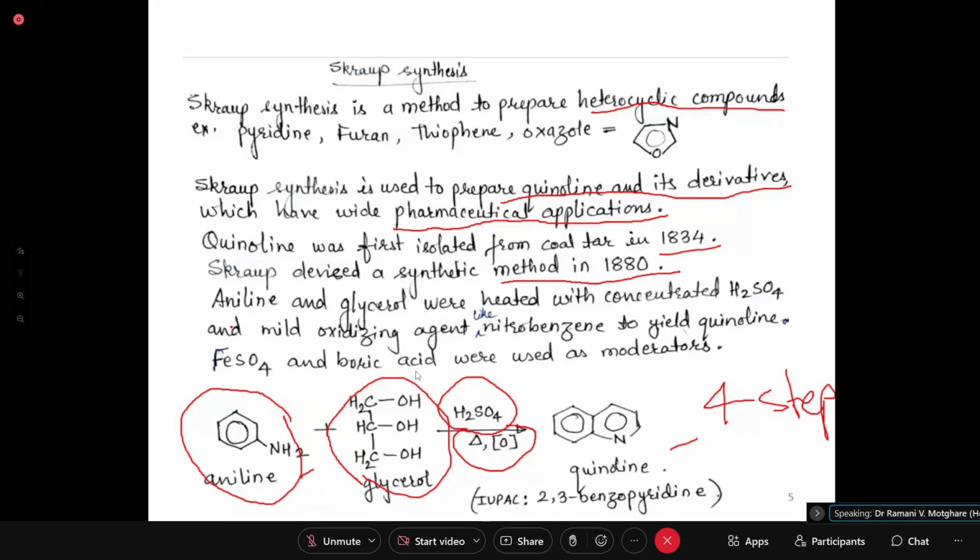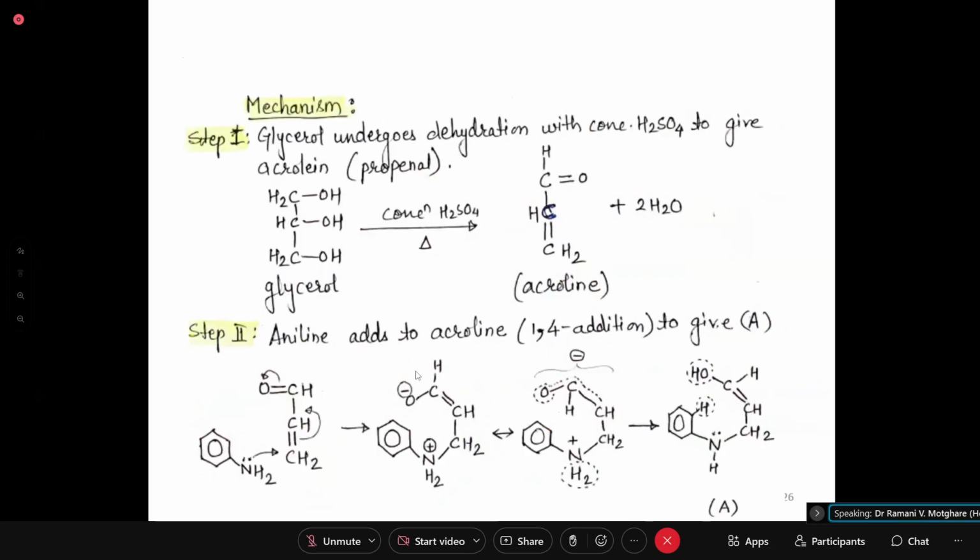So aniline and glycerol were heated with concentrated sulfuric acid and a mild oxidizing agent like nitrobenzene to yield quinoline. So ferrous sulfate and boric acid were used as moderators in this particular reaction at that time.